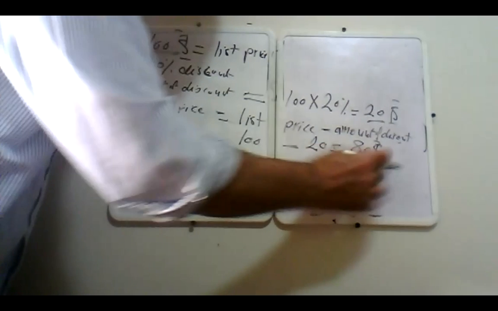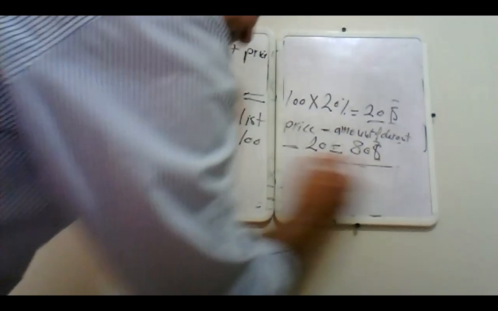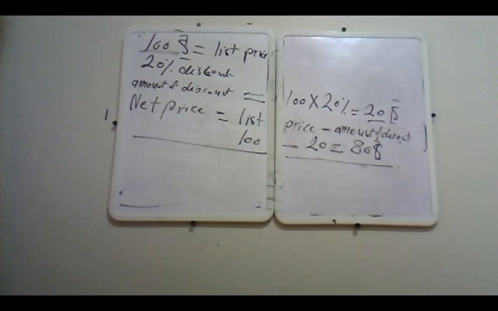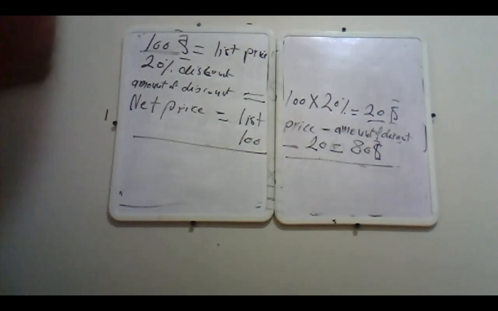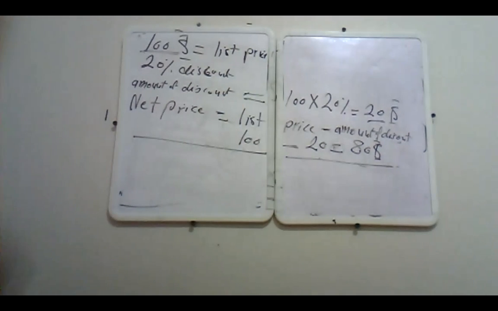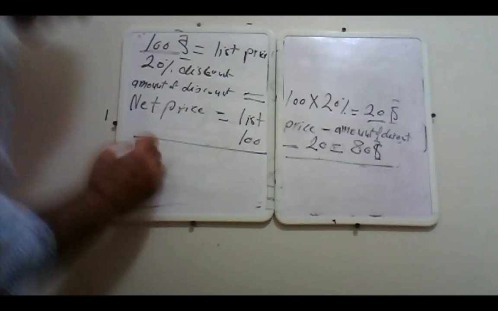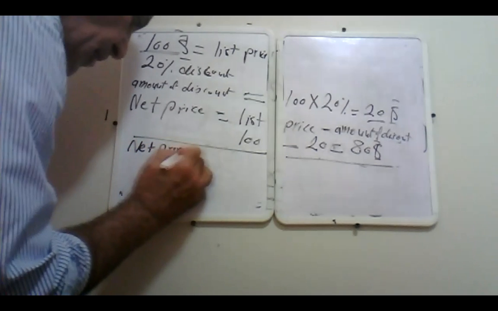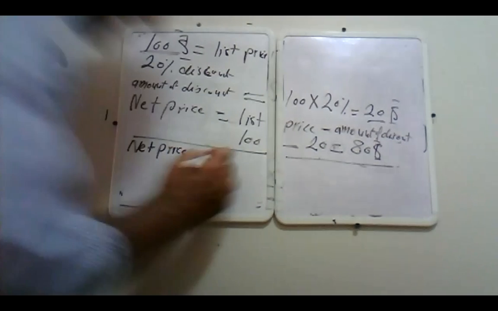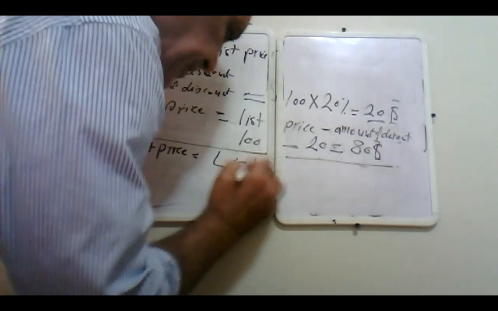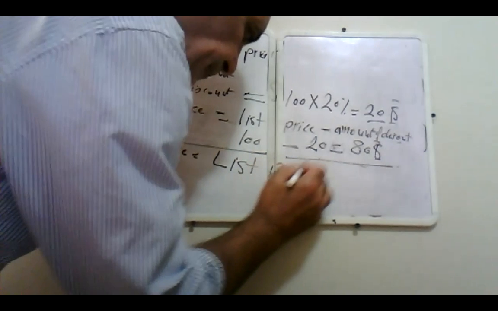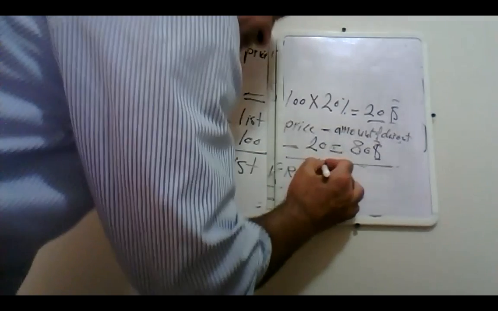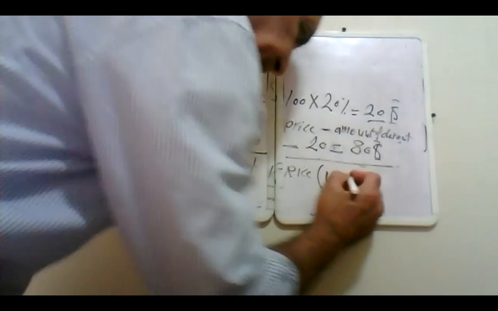Can I do all this in one step? There is an alternate solution for this problem. I can solve it in only one step, like this. I will say that the net price will equal the list price multiplied by 1 minus the discount rate.